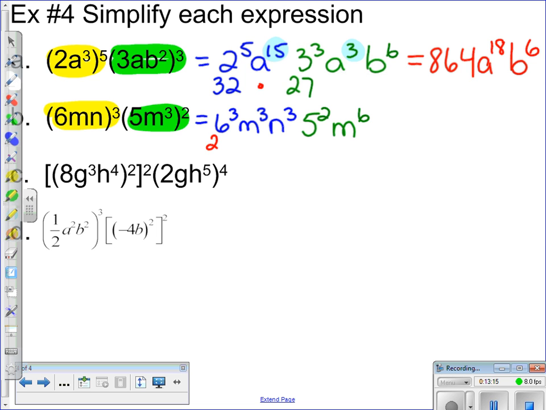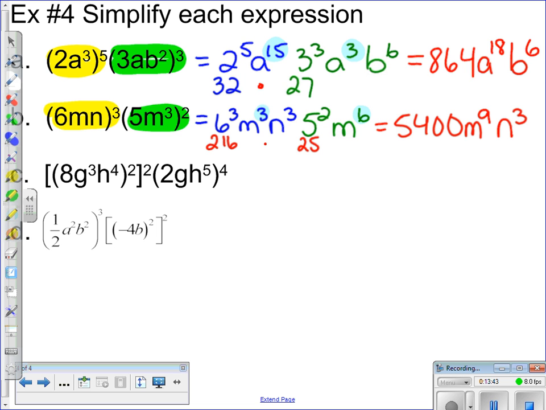That's 216. 5 squared is 25. Together that multiplies and makes 5,400. Now let's put the m's together. 3 and 6 will make 9. And then n cubed is at the end.